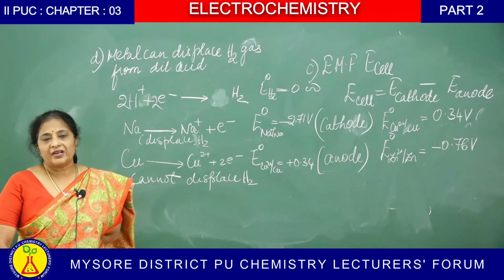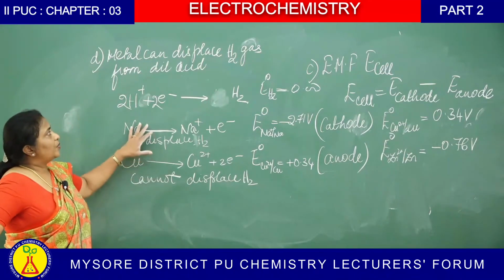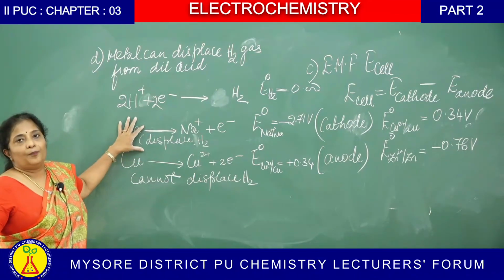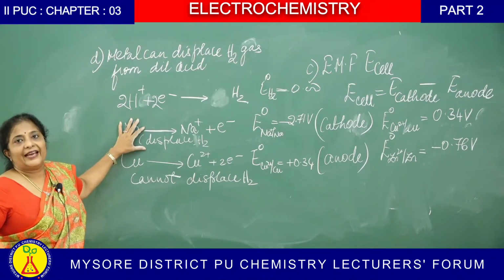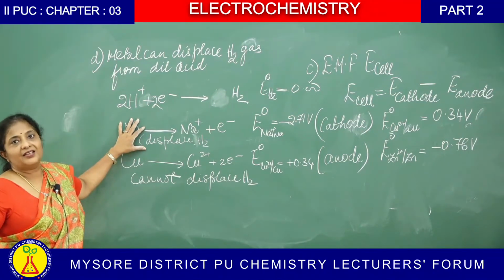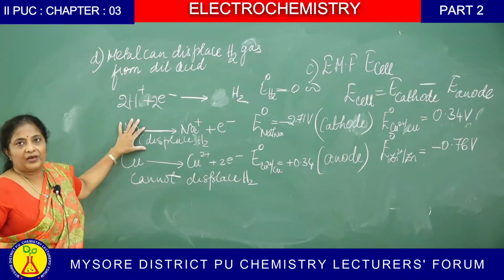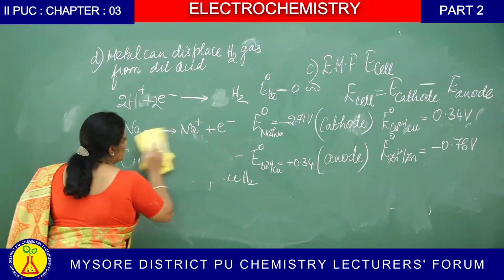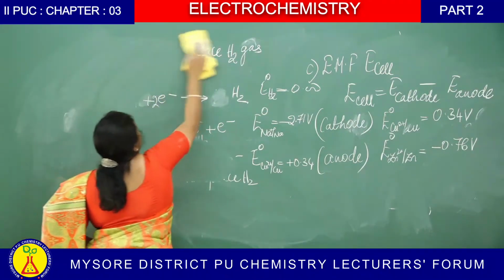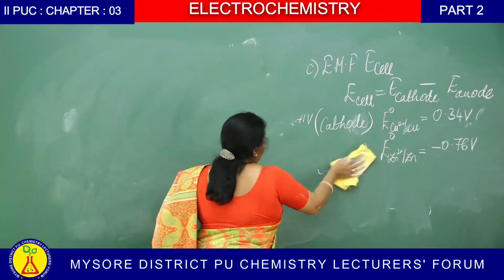the electrochemical series. Now, this same concept can be applied to determine whether a metal can displace another metal from its solution. But the most important ones are these 4 applications.